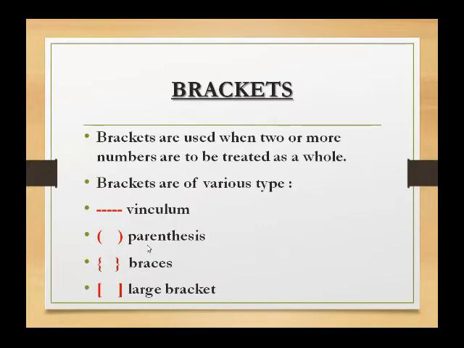And this is parenthesis, the round bracket. This shape is called braces, or curly bracket, or flower bracket. And this is called square bracket, or large bracket. So this is the definition of bracket and the types of brackets.